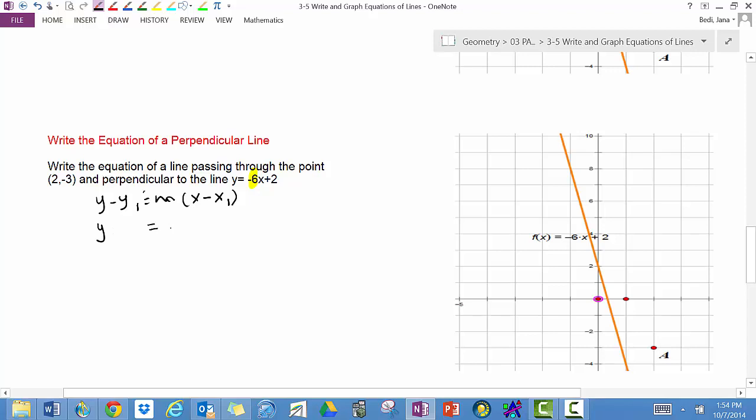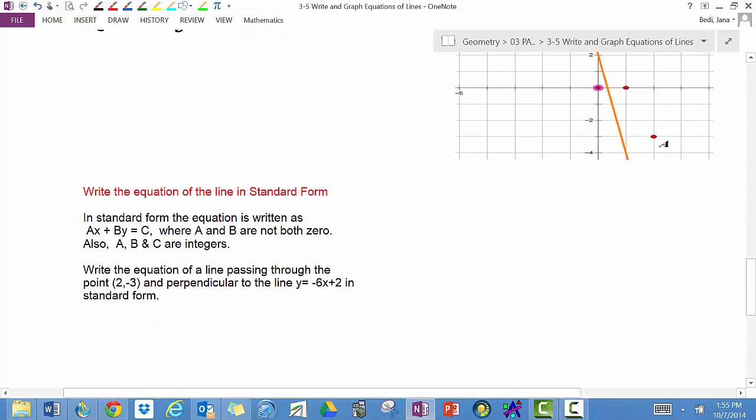Well, what's the negative of negative? That's positive. And the reciprocal of 6 is 1/6. Now I'm going to plug in my points just as before. It is y minus a -3, which gives you y + 3, equals 1/6 (x - 2). And there is your equation in point-slope form. Again, convert this to slope-intercept and draw a line on this graph and see if your line is perpendicular. That gives you a check.